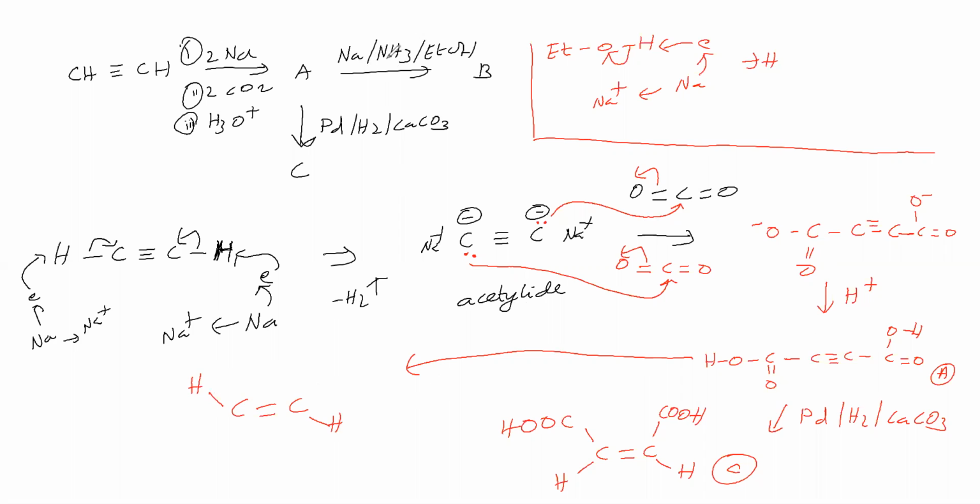Sodium in liquid ammonia converts the C≡C triple bond into a C=C double bond and gives the trans isomer. Therefore, here one carboxylic acid, here one carboxylic acid. This is the B isomer, we can say the B compound. Therefore, we got this subjective question.